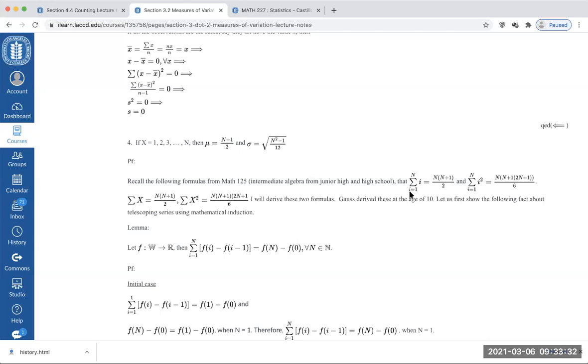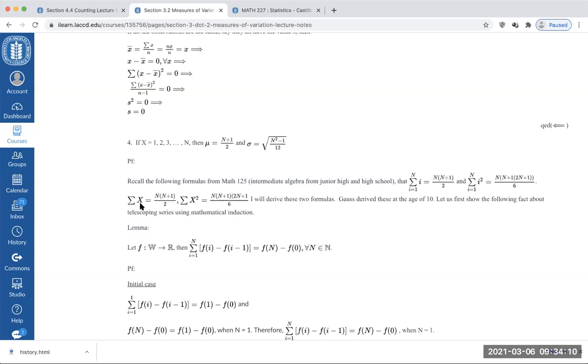So the formulas are the sum from i equals 1 to n of i is n times n plus 1 over 2. The sum from i equals 1 to n of i squared is, and of course, I wrote that wrong, n times n plus 1 in parentheses, 2n plus 1 over 6.